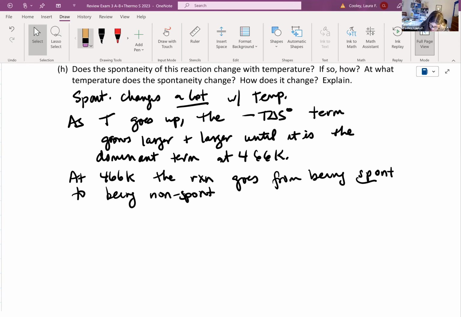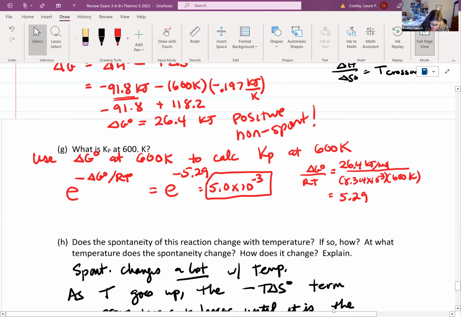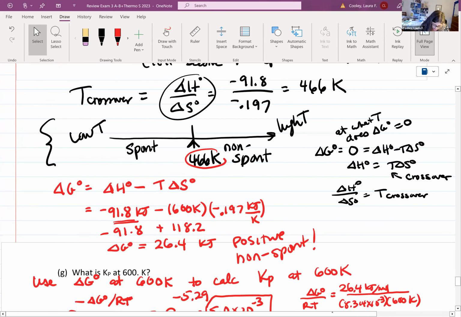What made it spontaneous was the negative delta H. So that's the answer. And this diagram here kind of summarizes it. It shows you as you go from low to high, it crosses from being spontaneous to non-spontaneous.